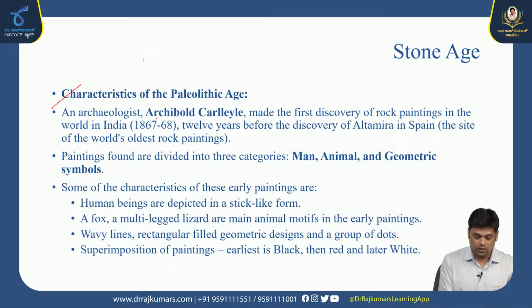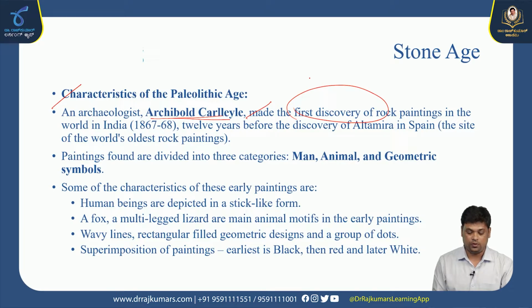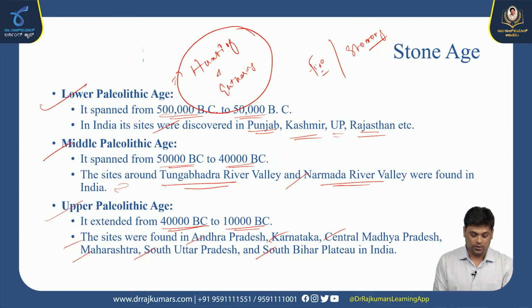Next is the characteristics of the Paleolithic age. An archaeologist named Archibald Carlyle was the first person to discover rock paintings. After the Upper Paleolithic, we need to know about the occupation as well as the characteristics of the stone tools for the next two ages. That is Mesolithic, the middle stone age.